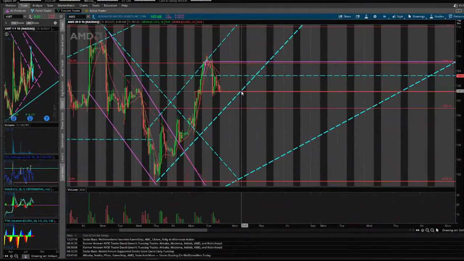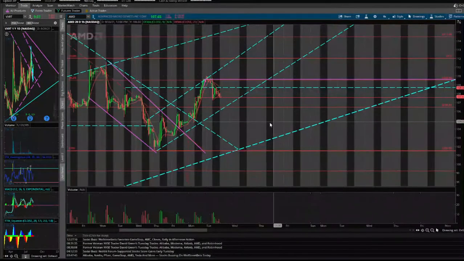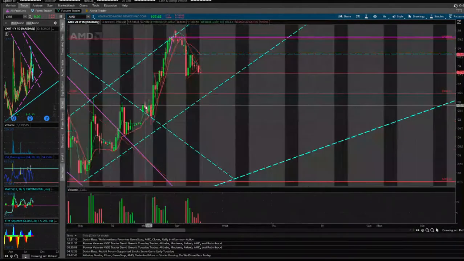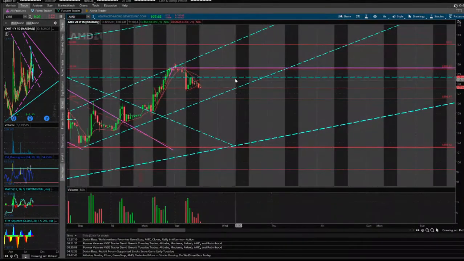So it may be bearish for us. It may try to get support from the second upper trend. That's the main thing for AMD. But if AMD tries to settle above this area, then we may see a move upwards.